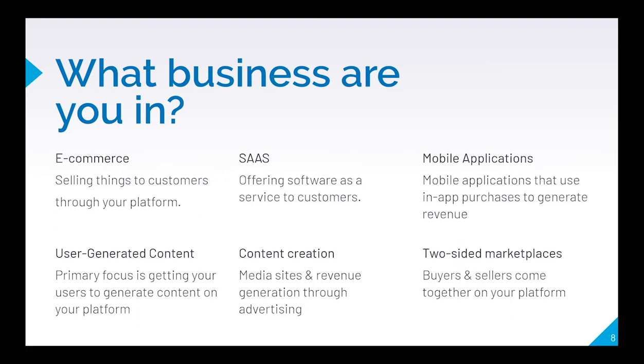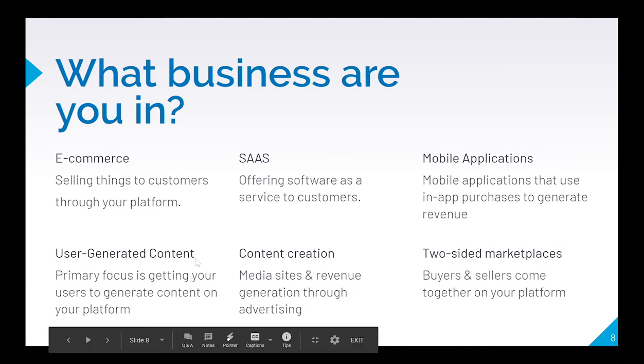We have e-commerce products where you're trying to get customers to sell through your platform. This could be Jumia or Masoko or Amazon and all these kinds of things. Then you also have software, where you could be in the business of offering software as a service, selling software to your clients, or you could be building mobile applications, or you could have platforms where you want users to generate content.